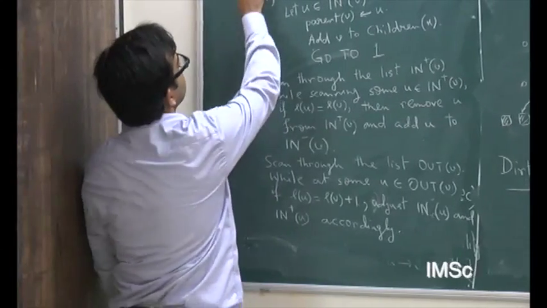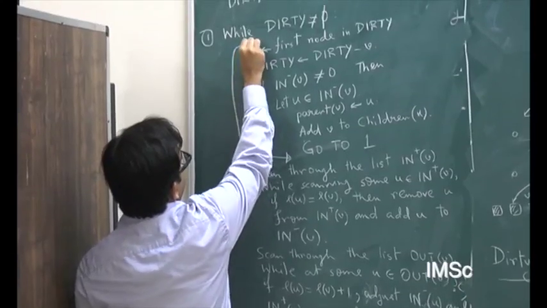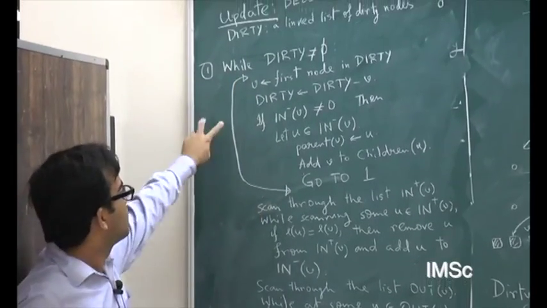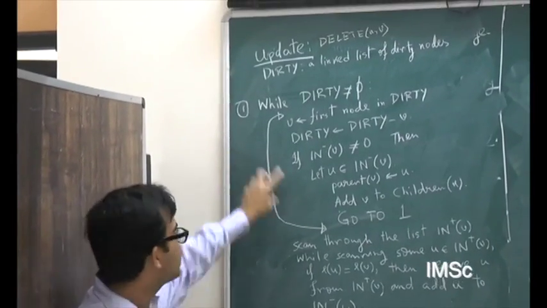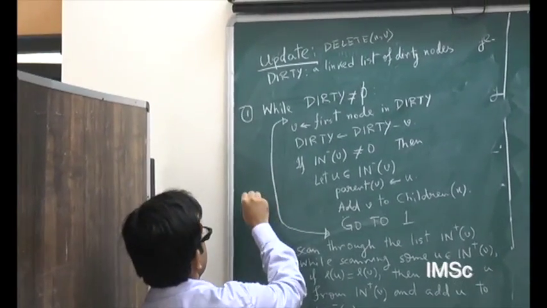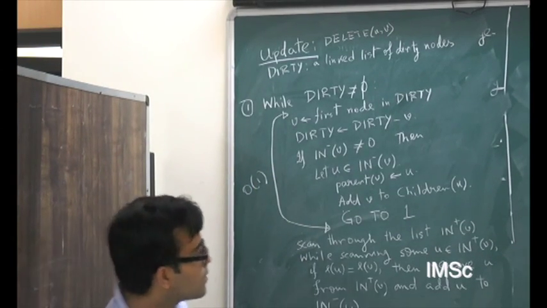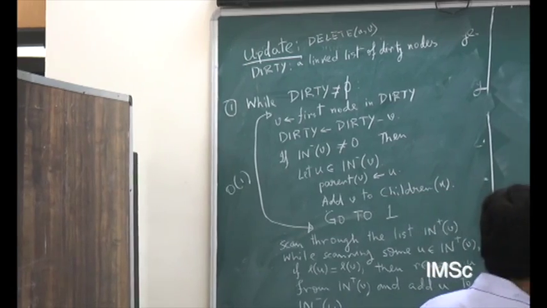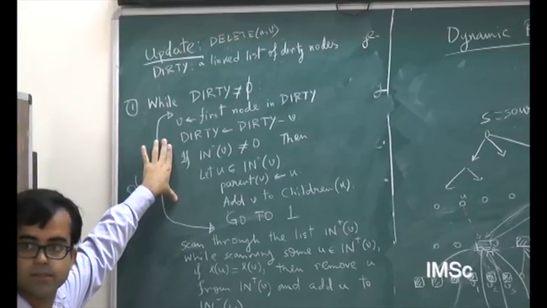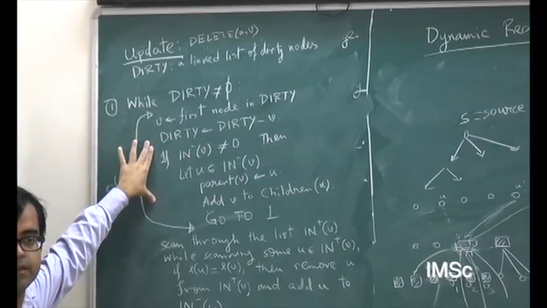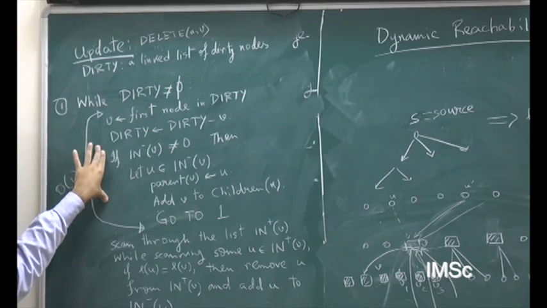I take it back. So either it's constant, so this part is constant, but if this is happening, then v is no longer dirty in the end.